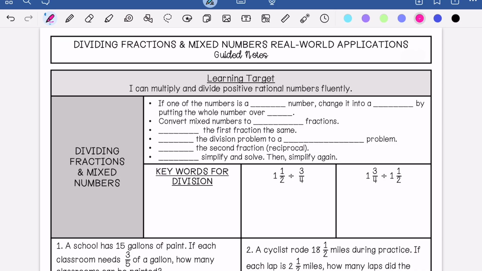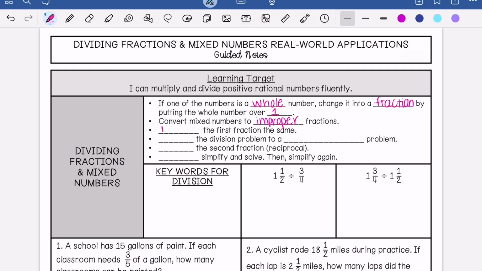If one of the numbers is a whole number, you are going to change it into a fraction by putting that number over 1. You are going to convert mixed numbers into improper fractions.